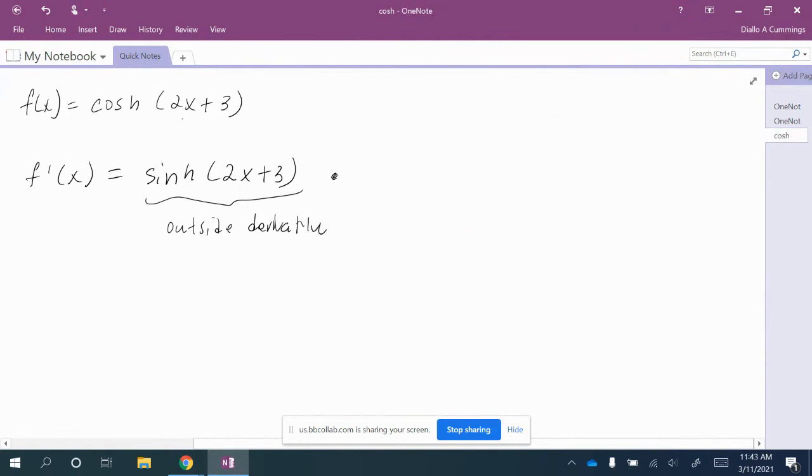Times the inside derivative. So 2x plus 3 is my innermost function. If I take the derivative for 2x plus 3, I have 2. And this is the inside derivative.